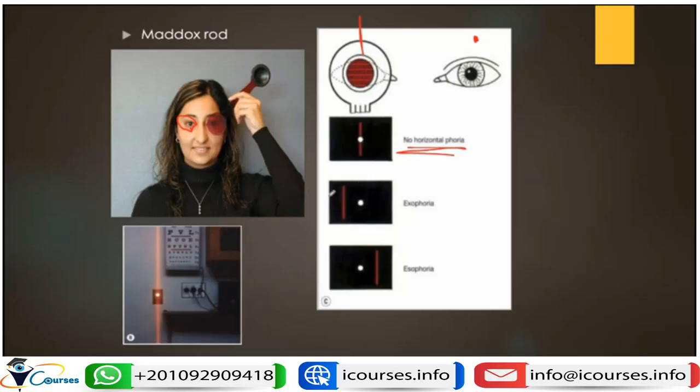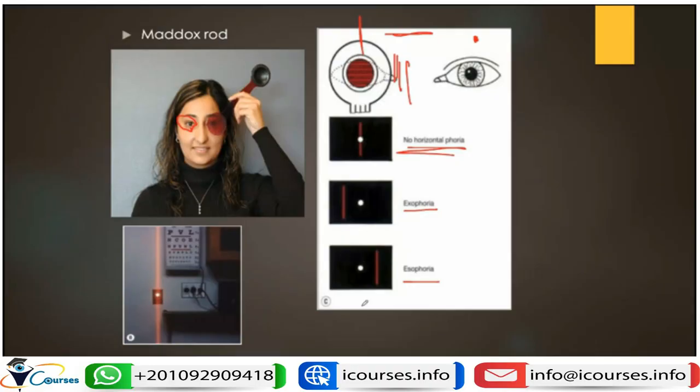But if they are displaced to one side, so the patient can see the white dot at one side and the red line at the other side, this patient can have either exophoria or esophoria. And by changing the direction of the Maddox rod, making the cylinders vertical, the patient can see a horizontal line with this eye. If this horizontal line is above or below the white dot, then this means that the patient has hyperphoria or hypophoria.